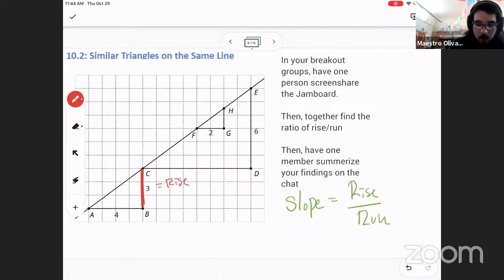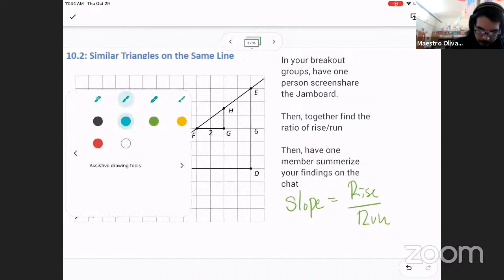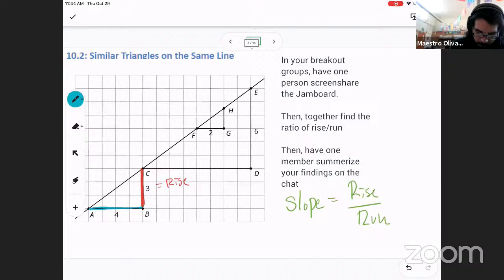Jessica, ¿cuánto mide? How much does this side measure? You hear me now? 4. Mide 4. Gracias. And this is called run. It's called run because when you run, right? Cuando corres, you're running like this.